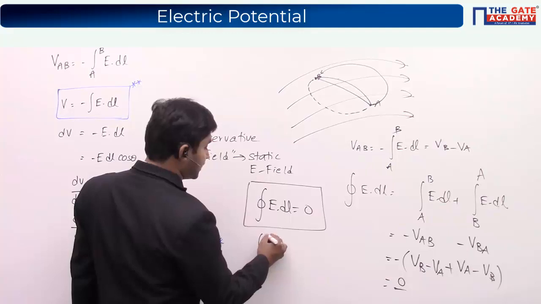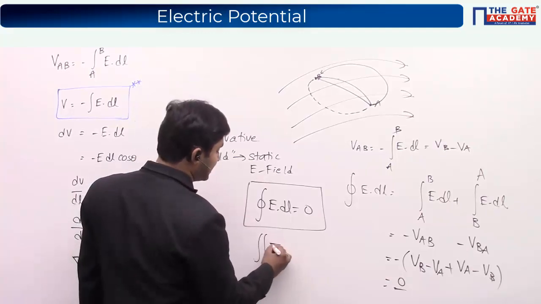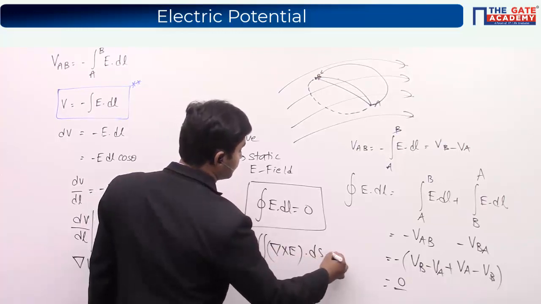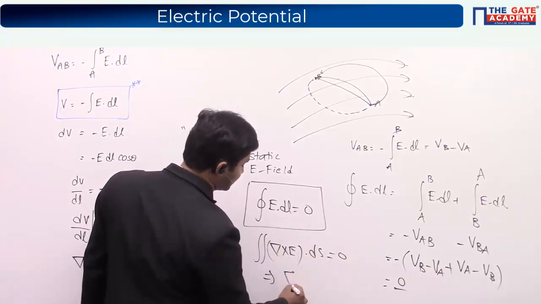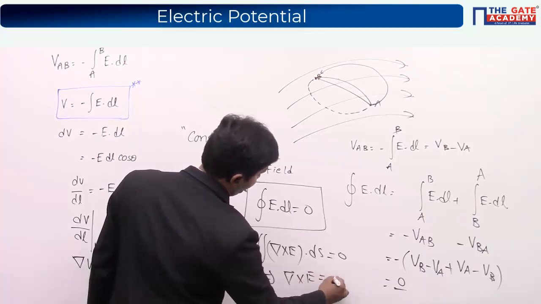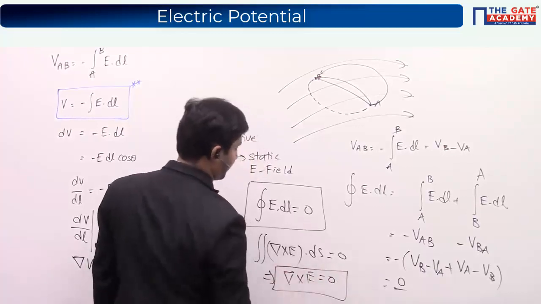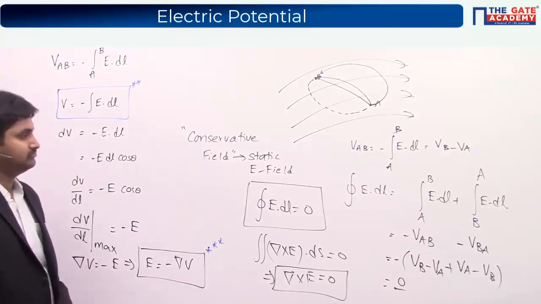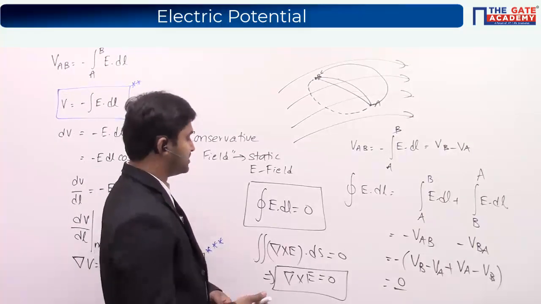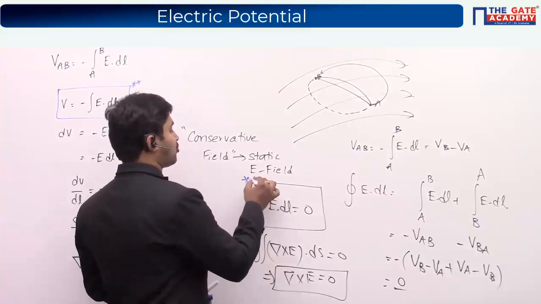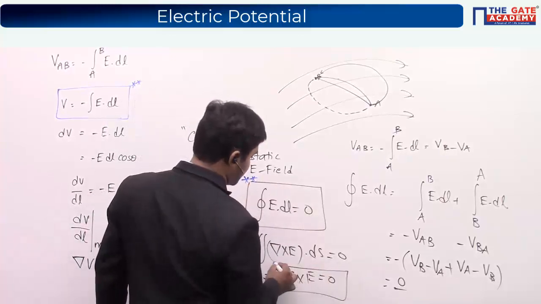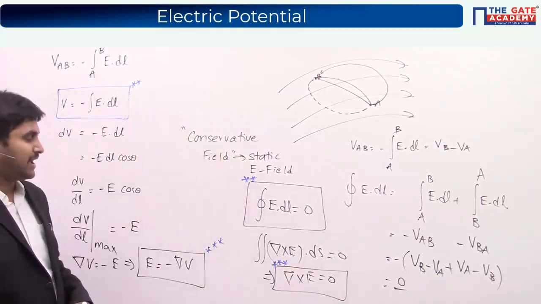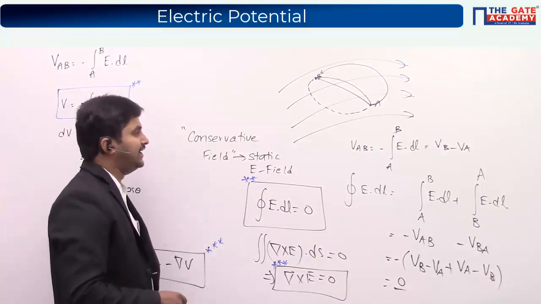If I apply the Stokes theorem, the surface integral of del cross E dot ds is equal to 0, which implies that del cross E is equal to 0. This is what we call Maxwell's equation for the static electric field.